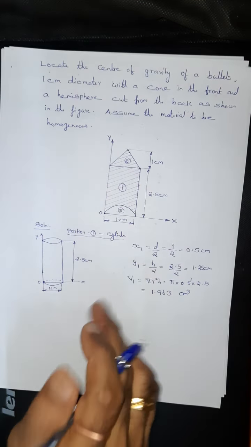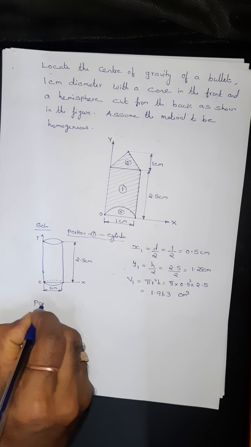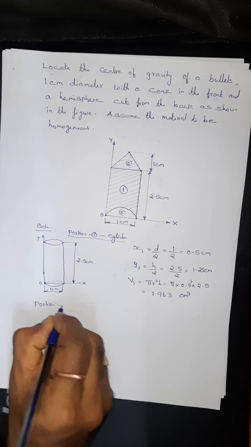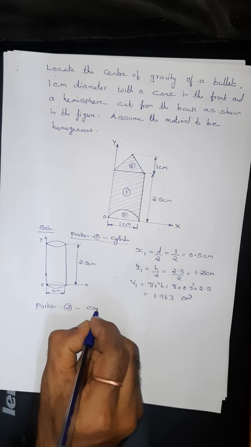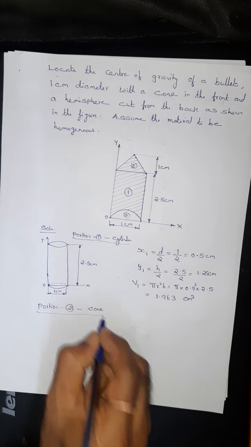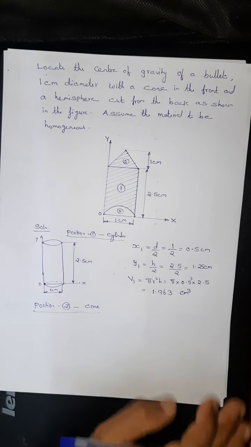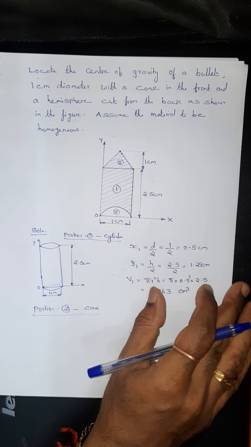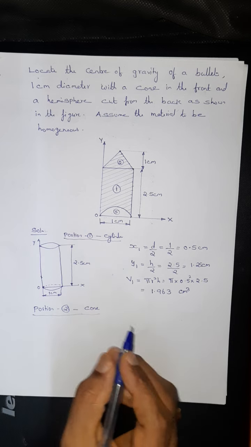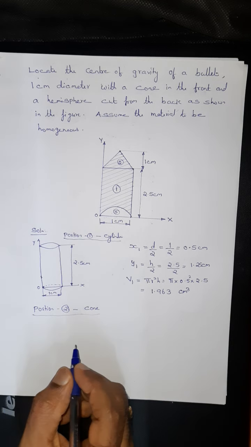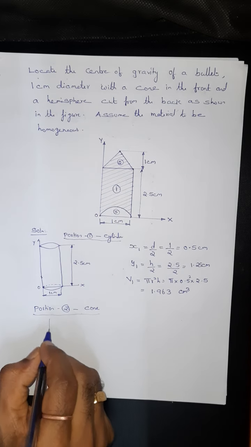Then the next portion, that is portion 2, as cone. The available standard objects are 4, which I taught you in the last video, the introduction video. So let me draw the diagram here.